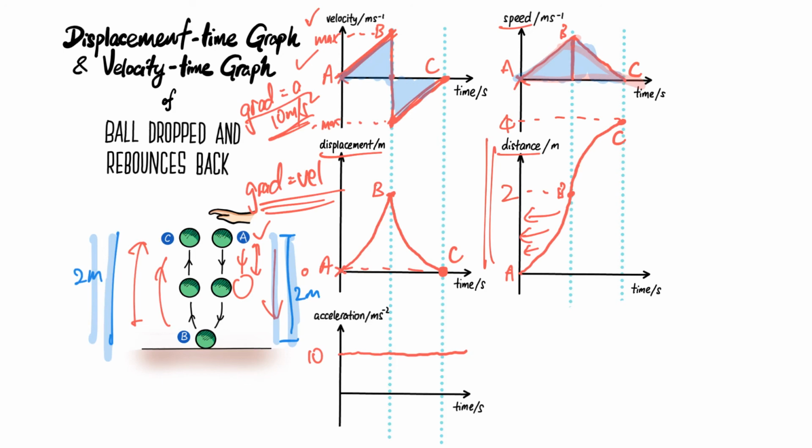But if I were to ask you to find the displacement of the ball, because it goes back to its original position, there's no displacement between the ball and the starting point. So the displacement at point C is 0. And at point B, this will be just 2 meters over here. I hope this video will give you a clearer picture of how to sketch and interpret the graphs.